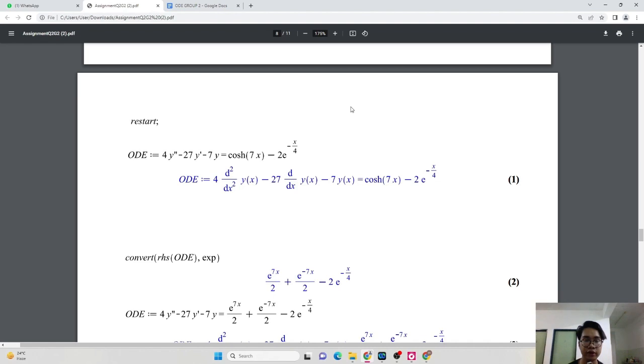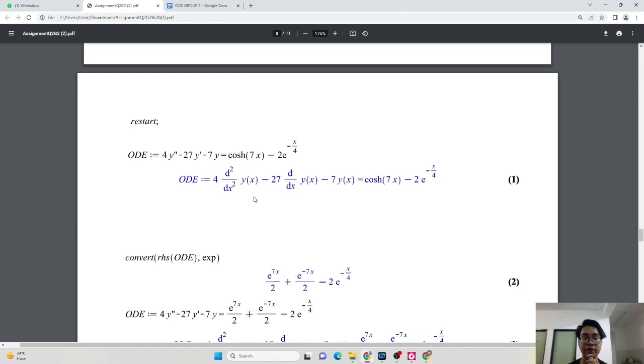Now I will present question 2 by using Maple. For the first step is restart, ODE equal 4y'' minus 27y' minus 7y equal cosh(7x) minus 2 exponent power of negative x over 4.